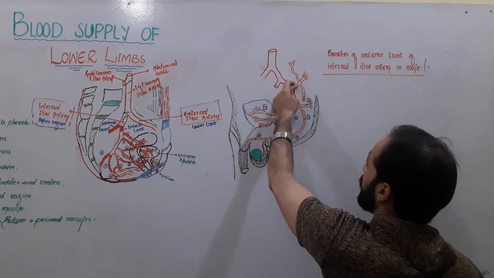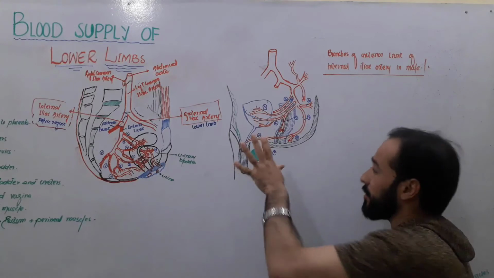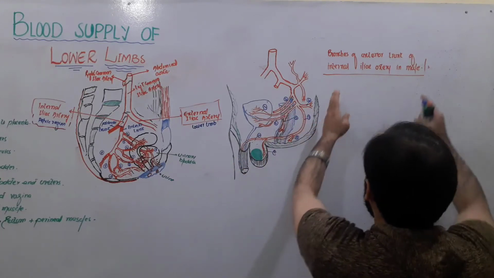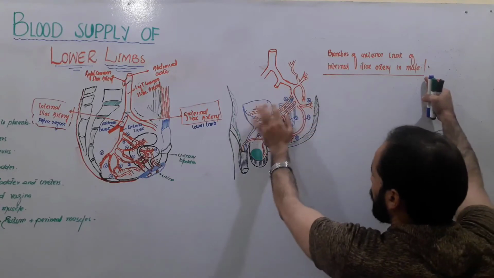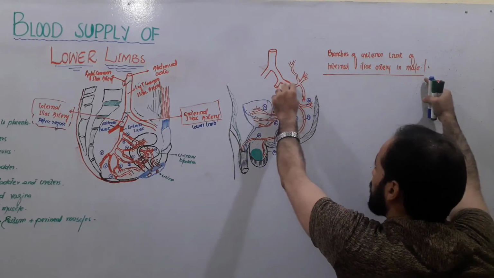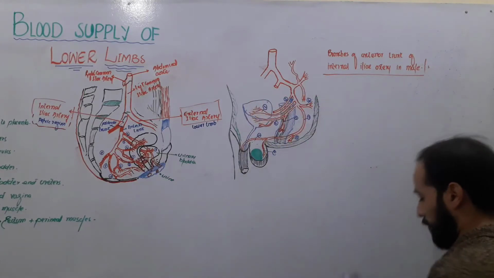As you can see, it gives off a posterior trunk and an anterior trunk. I have also discussed it in a previous lecture. But here we are just discussing the branches of the anterior trunk of the internal iliac artery in males. Let's focus on our lecture.